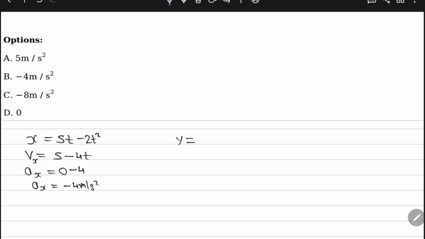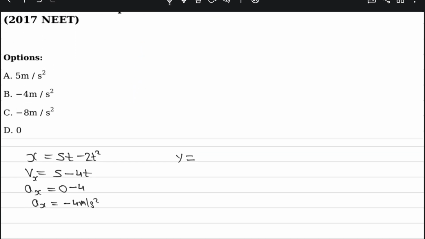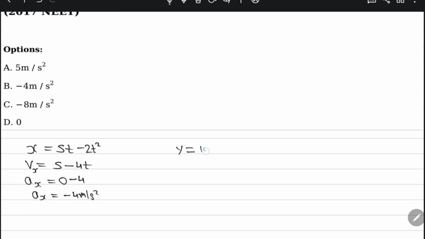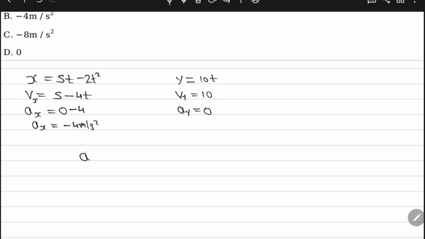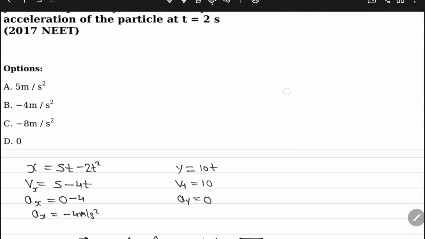Y is basically 10t, so velocity in y direction is 10 and acceleration in y direction is 0. So net acceleration is minus 4 i cap plus 0 j cap, and the magnitude of acceleration comes out to be 4 meter per second square. Getting my point?